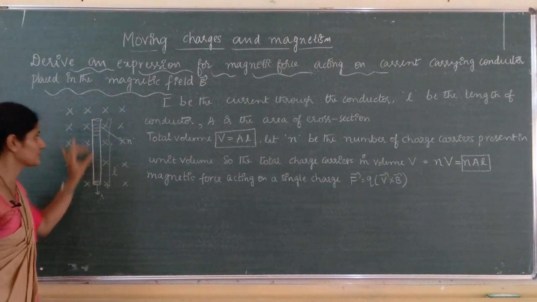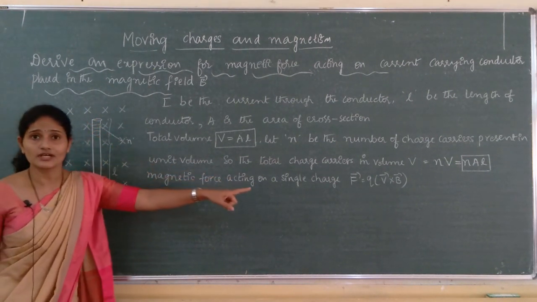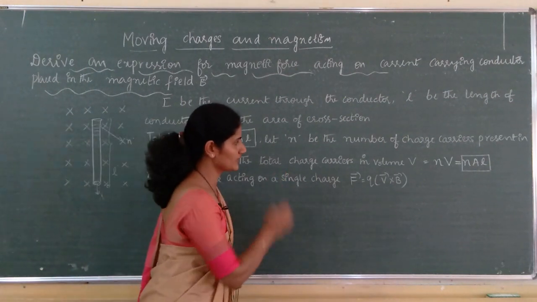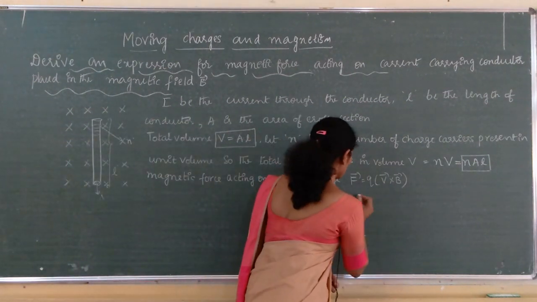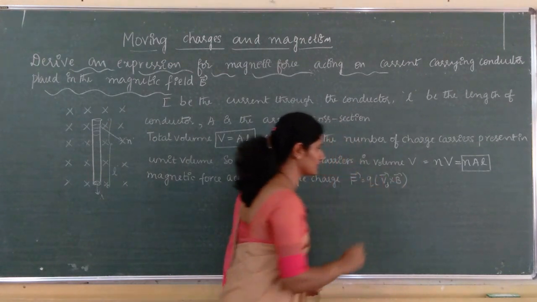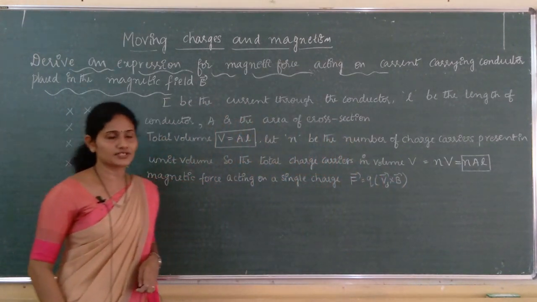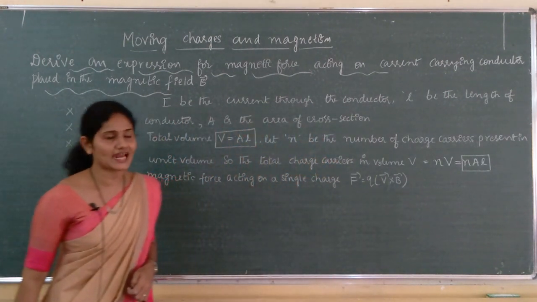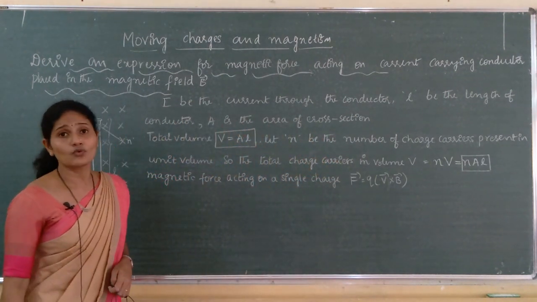So here we have drift velocity. In place of v, we have vd. So, F is equal to q into vd cross B, in case of a single charge.